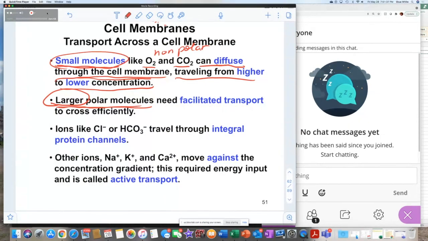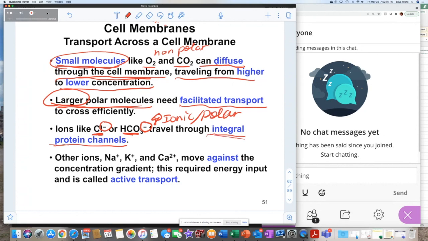So to give you an example here, the facilitated transport is essentially the integral protein channel, the one that's the tunnel. When you have ions like chloride ions, which are large, okay? Bicarbonate ions, also large. When going through the cell membrane, they are charged, ionic slash polar, right?